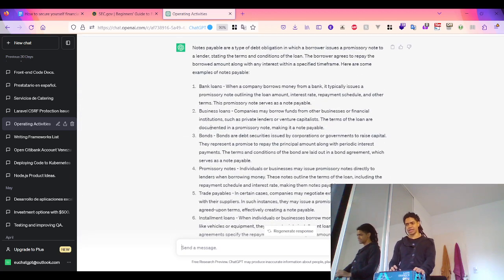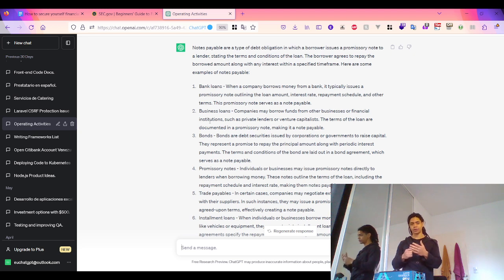Notes payable: you have bank loans, business loans, bond loans, whether it's a company or the government, where either way is the repayment of principal plus the interest with periodic payments.